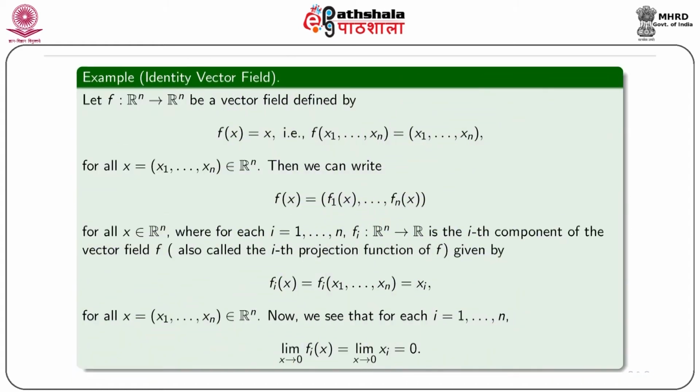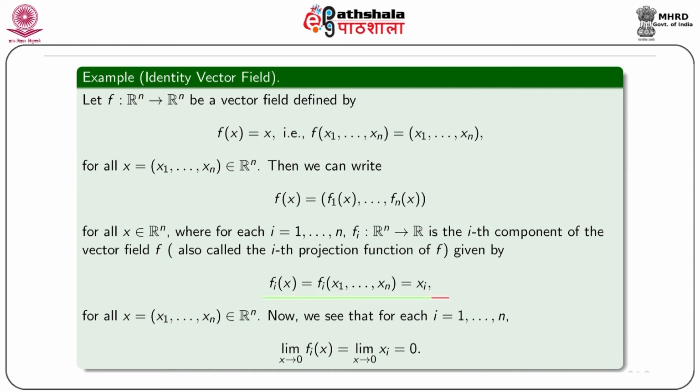Now, we are going to discuss some easy examples. First one: let f from R^n to R^n be the identity vector field, that is, for every x in R^n, f(x) equals x. Then we can write f(x) equal to (f1(x), up to fn(x)) for every x in R^n. So, f_i is the ith component of the vector field F. Sometimes we call this the ith projection function of F. So, here we find f_i(x) equal to f_i(x1, x2, up to xn), that is, x_i.